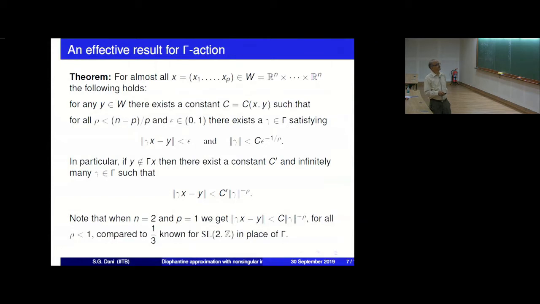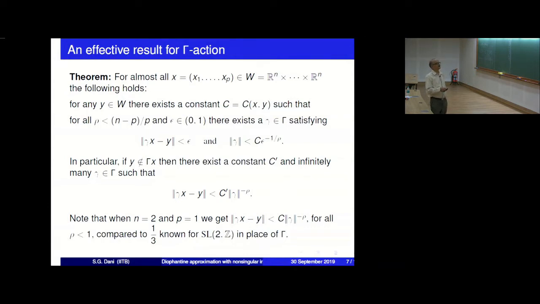So there exist infinitely many gammas such that the norm of gamma x minus y is less than this modified constant times the norm of gamma raised to minus rho. So when you solve this for epsilon, then epsilon is less than the norm of gamma raised to minus rho times some other constant. So this translates into this.